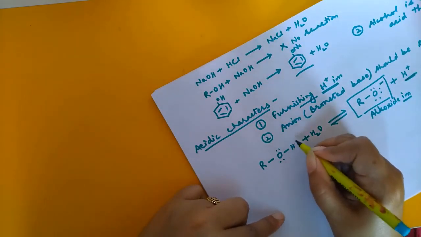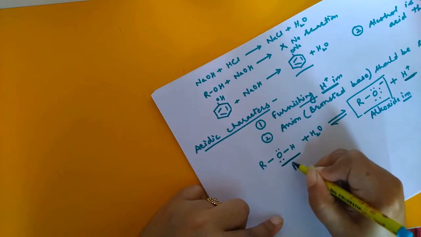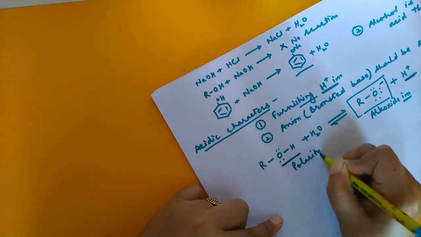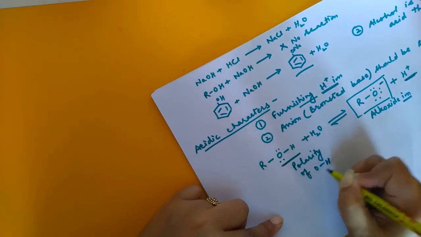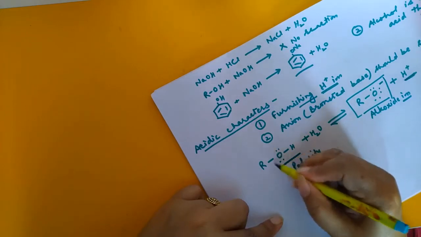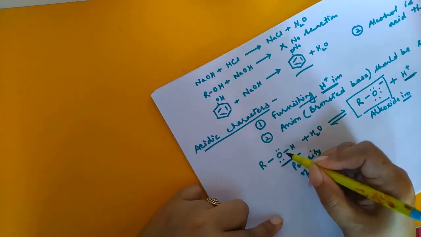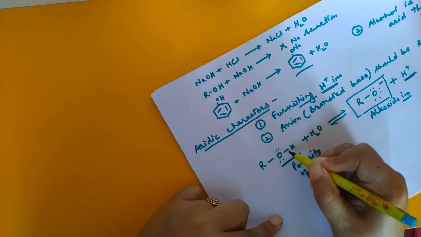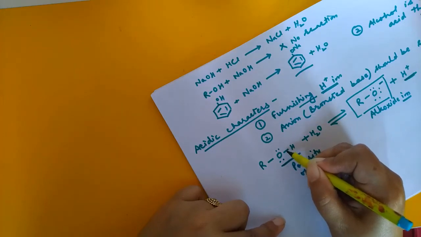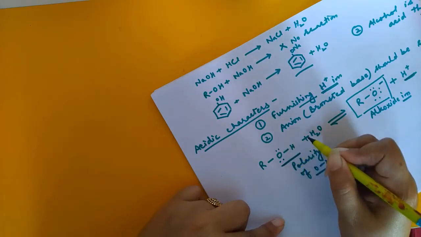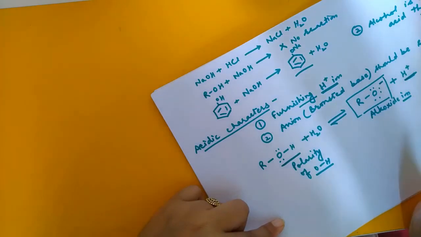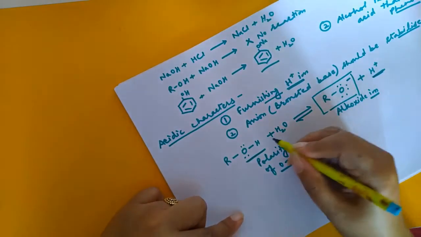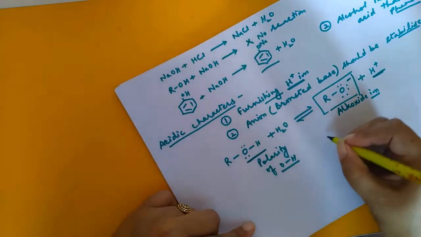That furnishing of hydrogen ion depends upon the polarity of the oxygen-hydrogen bond. Here oxygen is highly electronegative, that is why it will withdraw this pair of electrons towards itself, and this will cause the hydrogen ion to go away. So that's how the hydrogen ion is furnished. Now on this basis, what do I mean to say?